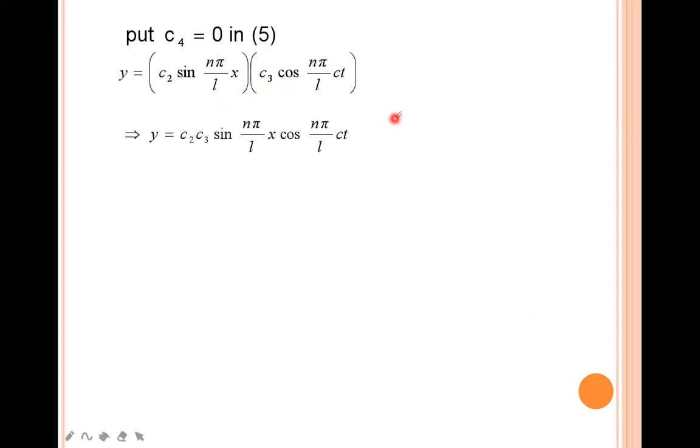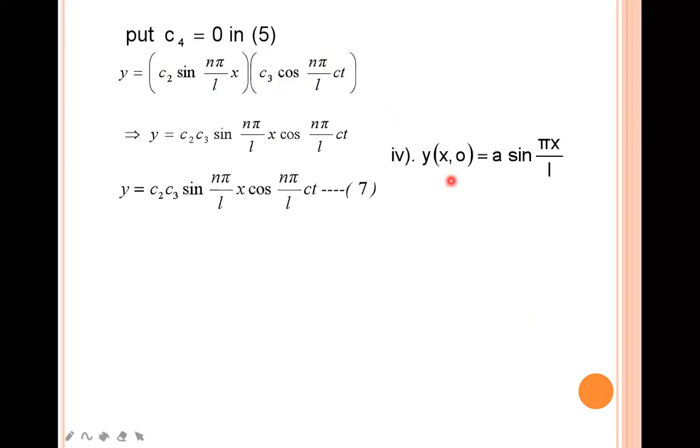Now use the fourth condition: y of x comma 0 equals a sin pi x by L. That means put t equal to 0 and y equal to a sin pi x by L. Since t is 0, cos 0 is 1, so this is 1 into C2 C3 sin n pi by L x.